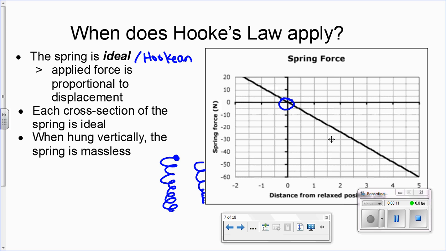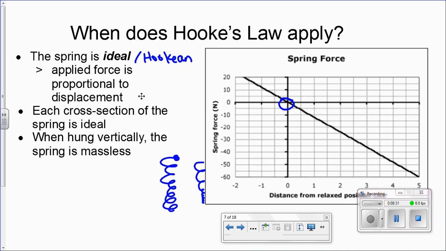So this is an ideal spring right here. At 0 displacement, there's 0 force. But if we know that it changes proportionally, then a lot of the time we will assume a 0 y-intercept, even though we know in the real world that's not true. But we can just say that for everything past this.